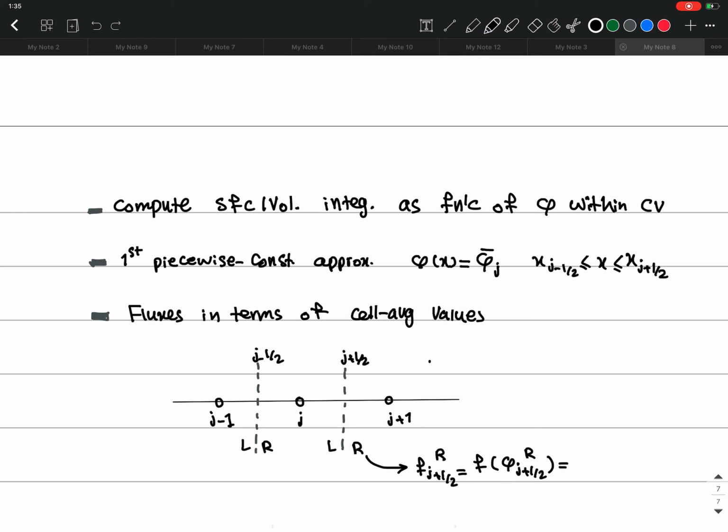So when it is within that cell, what does that mean? Here we have made an approximation. We said that we can assume that phi anywhere in this cell equals the phi bar, like phi x here equals phi bar j plus 1, right? This is the assumption we made here.